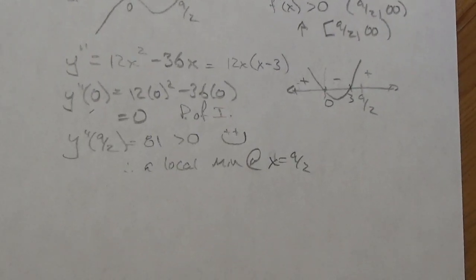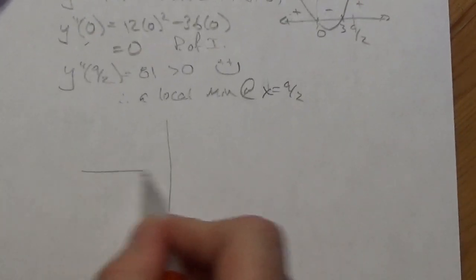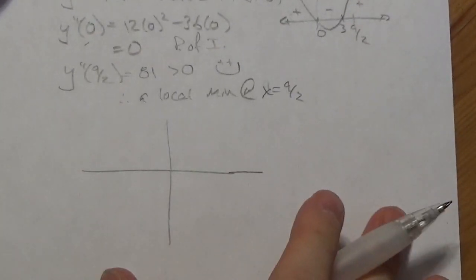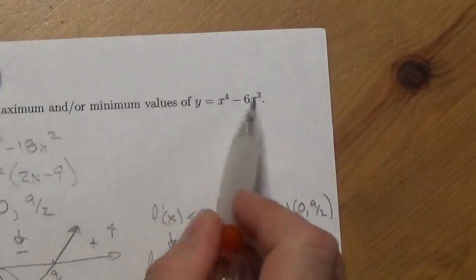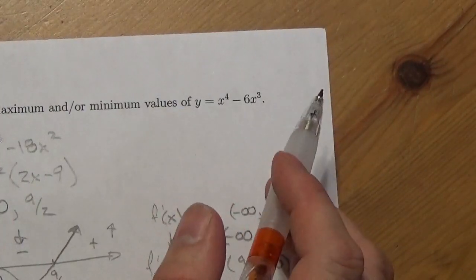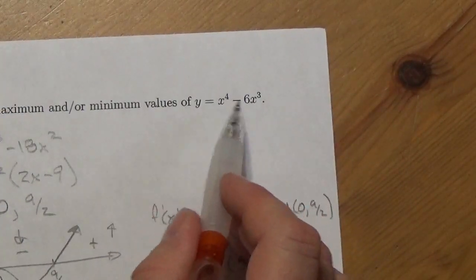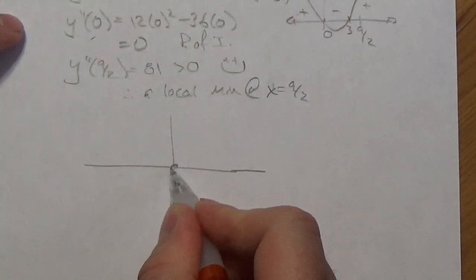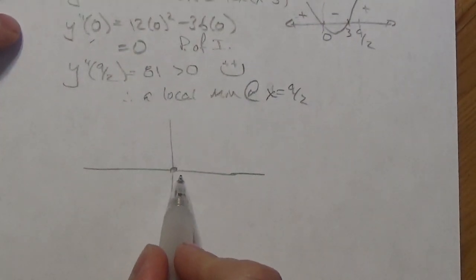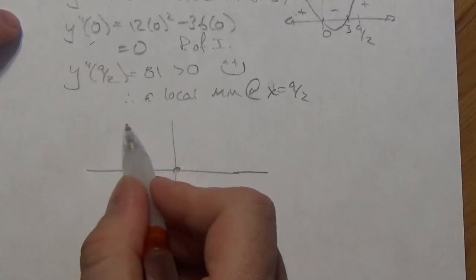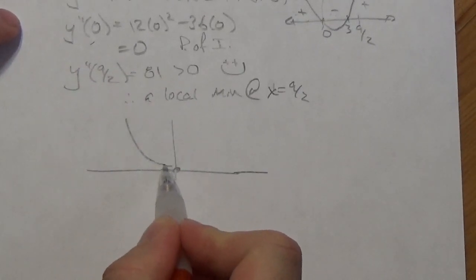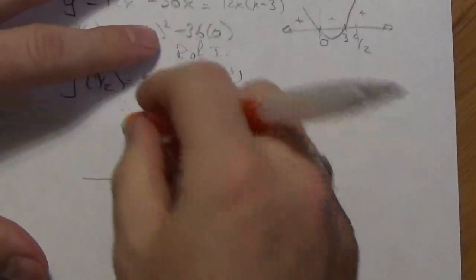And actually what that suggests to me is we can go one step further here. I know that this is a quartic. I have a general idea of what it looks like. I know that it's going to go through the origin. I can see that. I now know that that's a point of inflection. So it's going to come down. It's going to level. Whoops. Shoot.